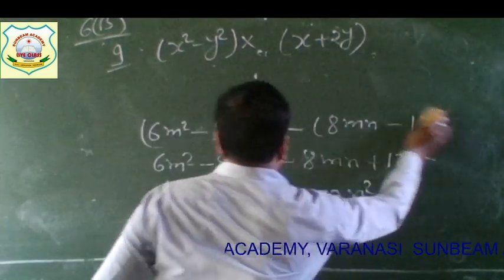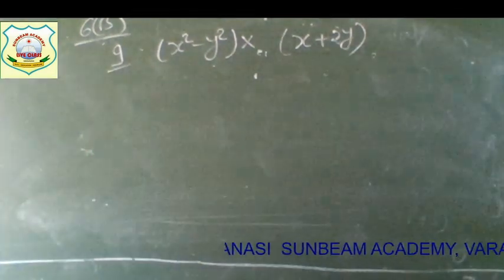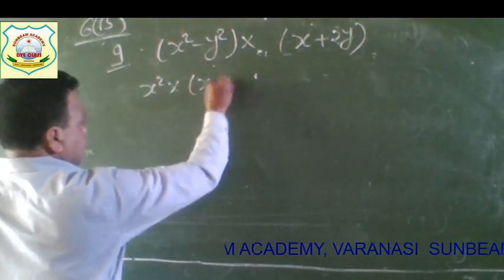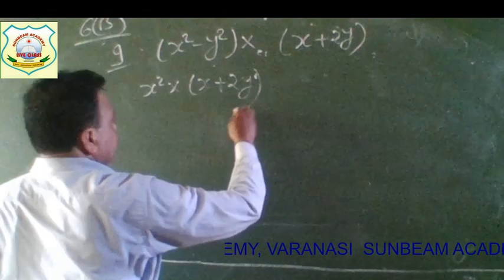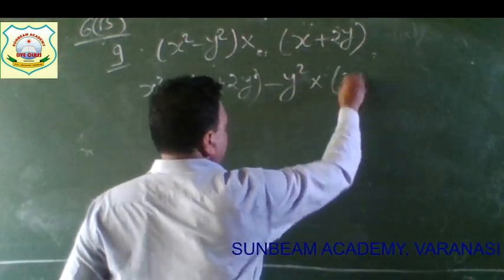Students, the same process is here. x square multiply (x + 2y) minus y square multiply (x + 2y).